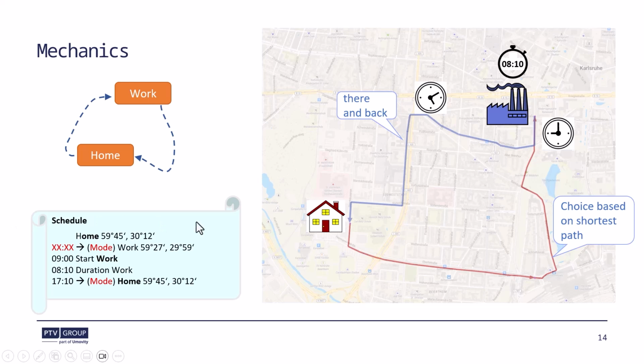And you would possibly choose the car also for the trip there. In a typical four-step model, you would choose for the trip there a bus, and for the trip back then a car, which is obviously not very realistic.